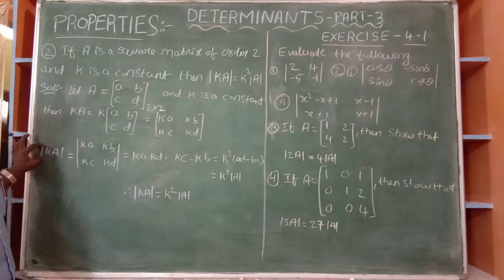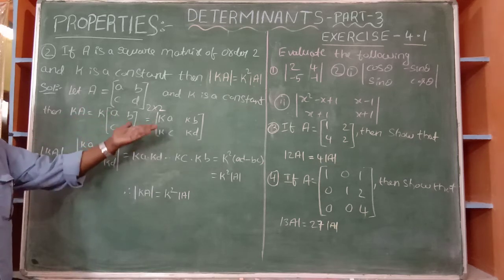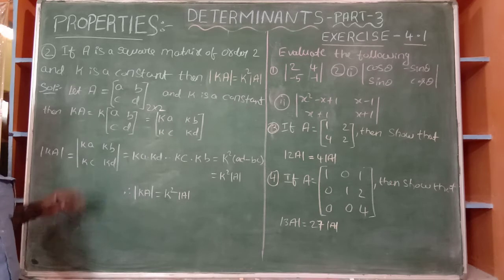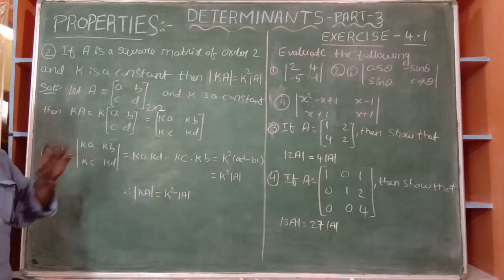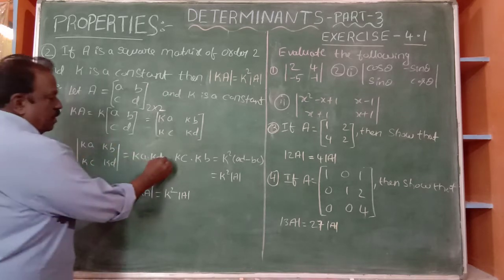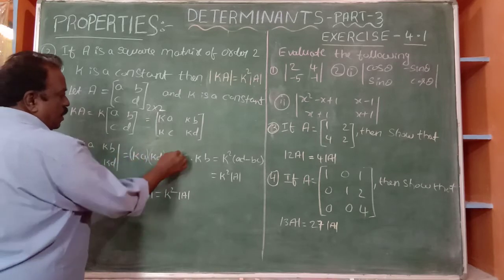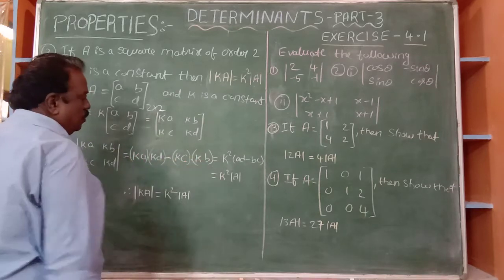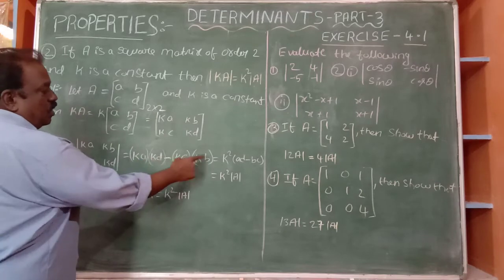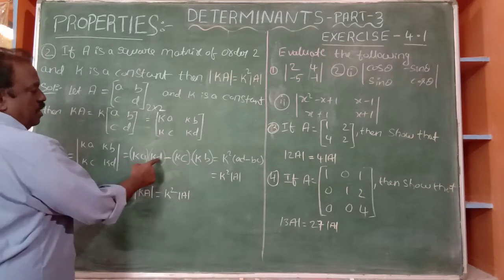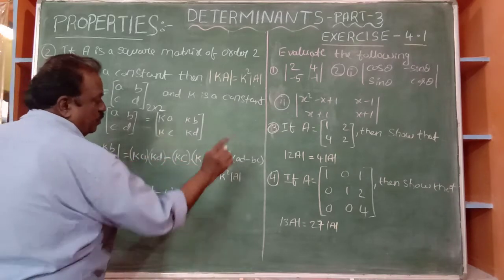The determinant of Ka is the determinant of [[Ka, Kb], [Kc, Kd]]. By the definition, it is the difference of the product of elements of the first and second diagonals. This is Ka times Kd minus Kb times Kc. So K square is common here, and here also K square common. Here is ad minus, here is bc.